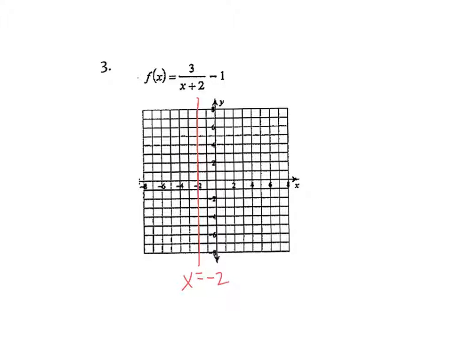But a shift down 1 means now that asymptote that was here on the x-axis is shifting down 1, and I get a new equation of y equals negative 1. So it shifts down 1, and I get y equals -1 for my horizontal asymptote.